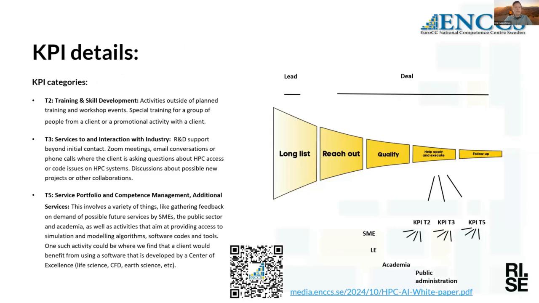And in the KPI reporting, these are labeled with T2, T3, and T5 numbers. So we have to set up the customer relation management system so that we can get these out in a nice way at the same time that we work with this funnel of clients and deals.